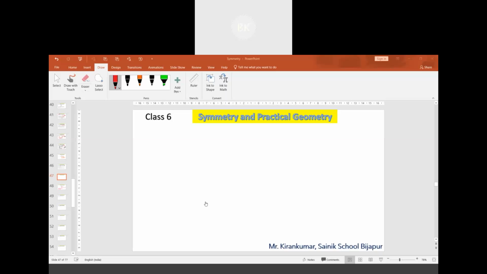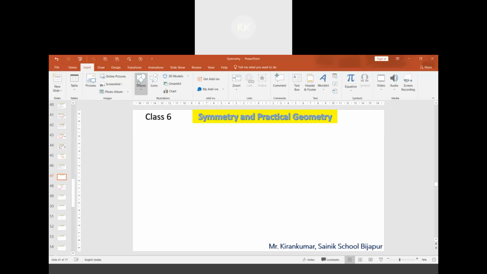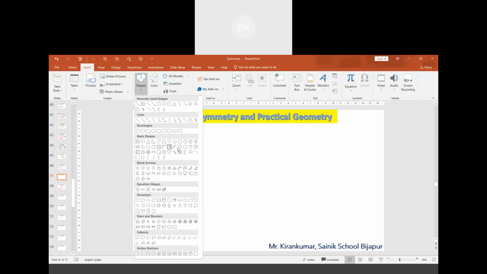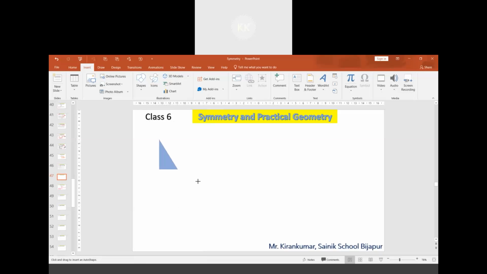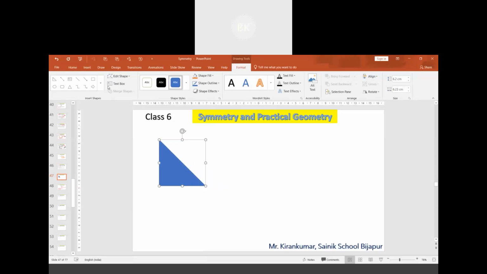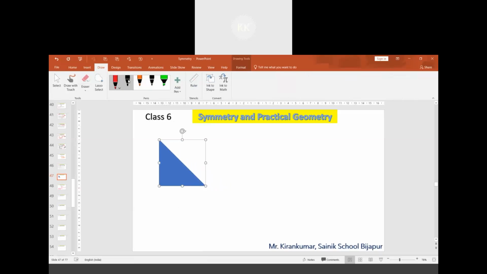It looks like a triangle, isn't it? A set square looks like a triangle. Let me make this as a triangle. This is one of the set squares. Suppose I name this angle 45 degree, 45 degree and 90 degree.